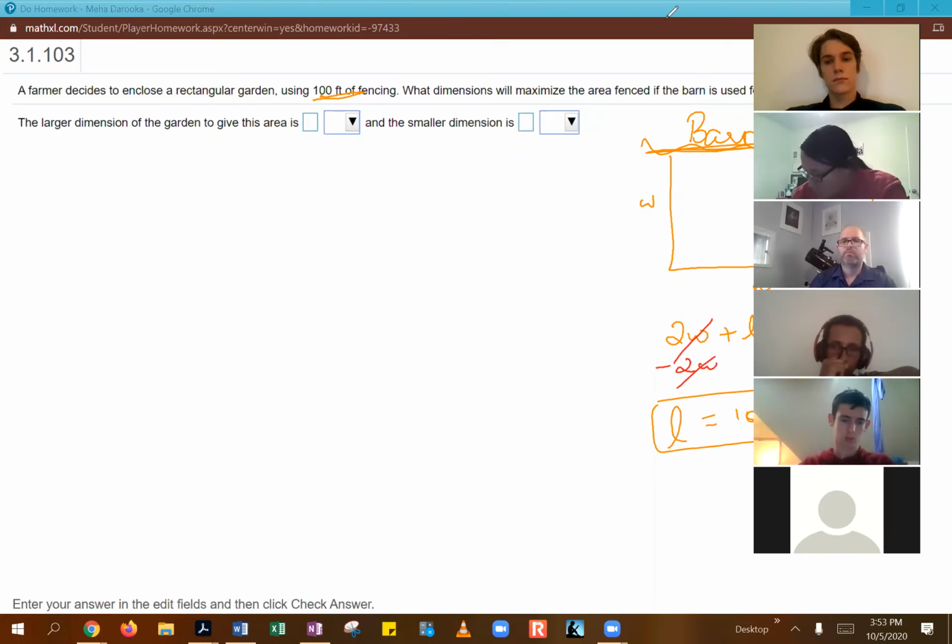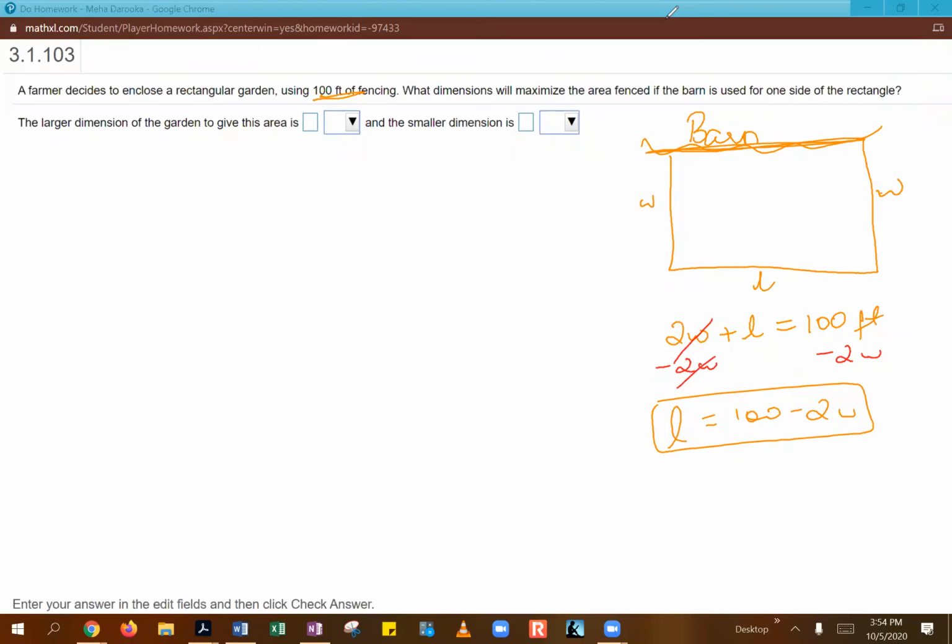Okay. Now, the main question is, how are we going to maximize our area? Because they want us to create dimensions for this rectangular garden so that we can get the maximum area for whatever we are gardening in there. So ultimately, we have to use the area formula.